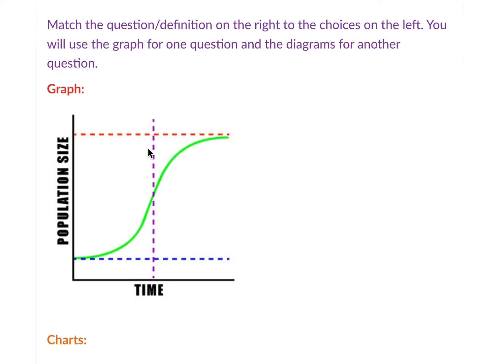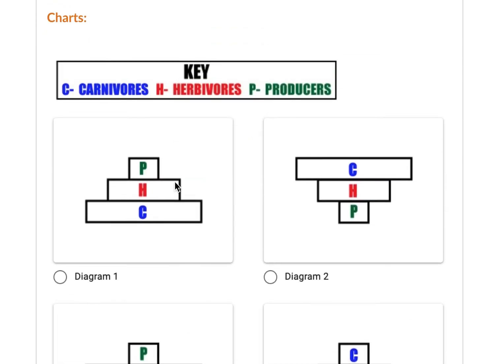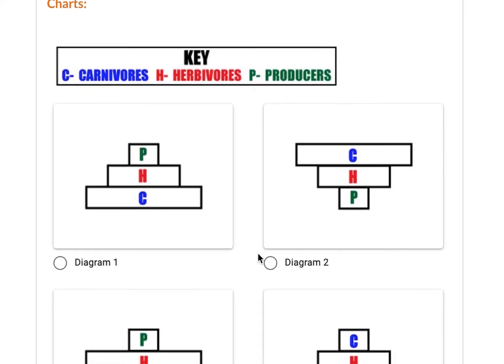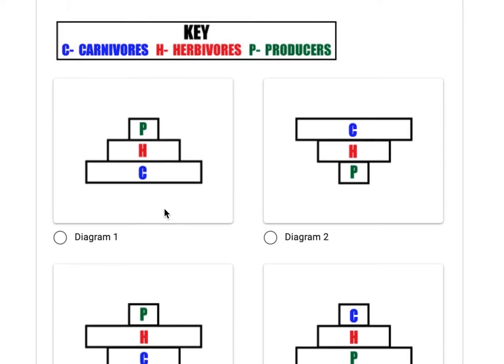On the next one, you have graphs where you have the population size and time. And then you also have some different energy pyramids drawn out, where this one has the carnivores being the biggest group, followed by the herbivores with a few producers, like only a few plants.